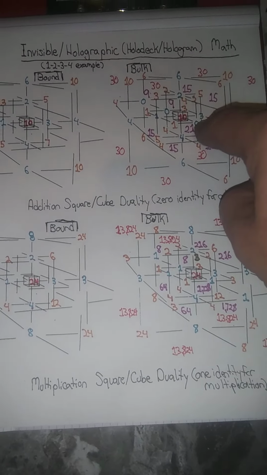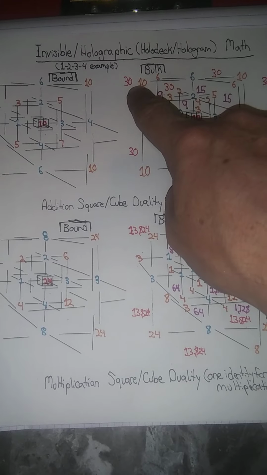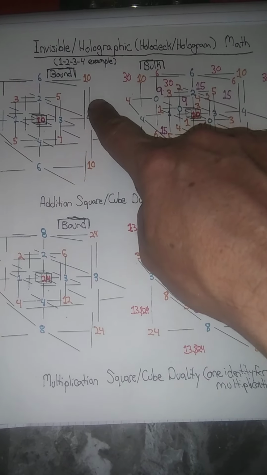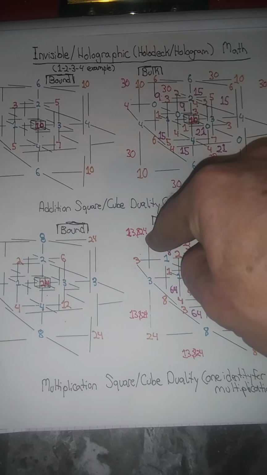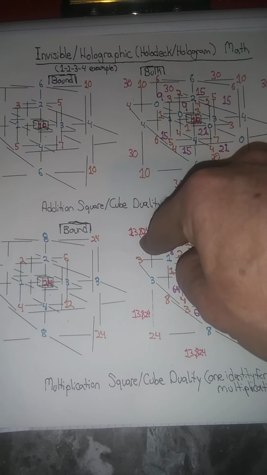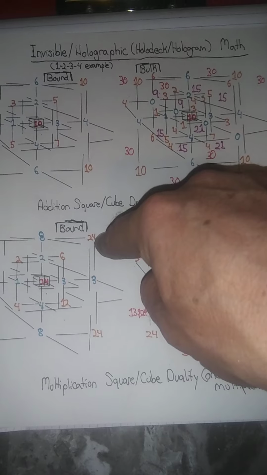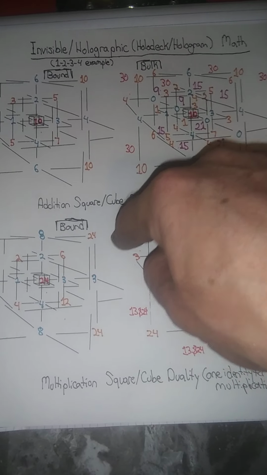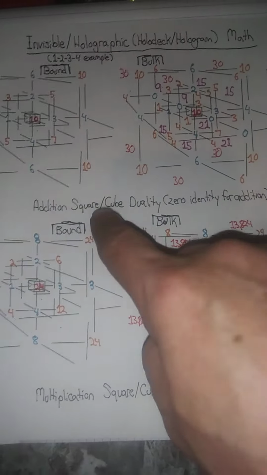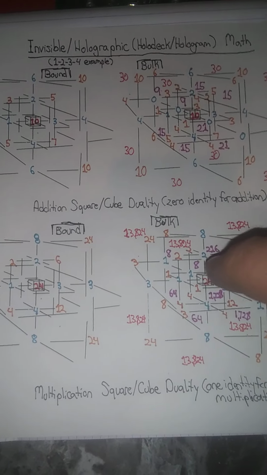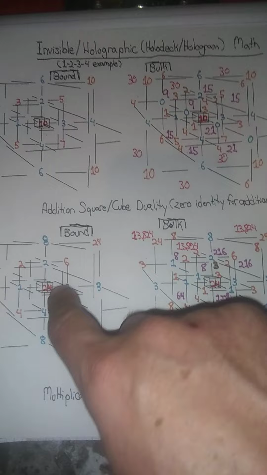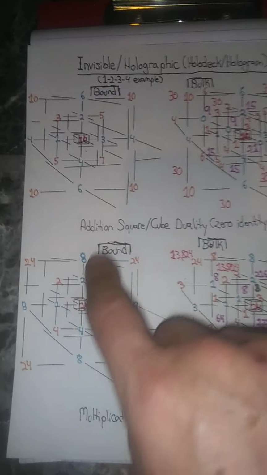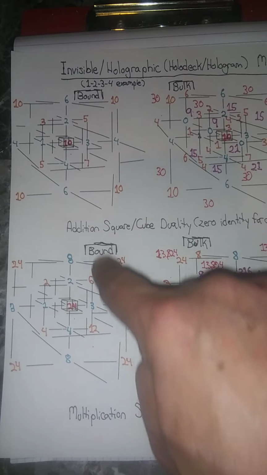And so 30 is 3 times 10, and 13,824 is 24 times 3, 3 times 24, which is always the case in other magic ghost number cubes. And so again, these are the bounds.